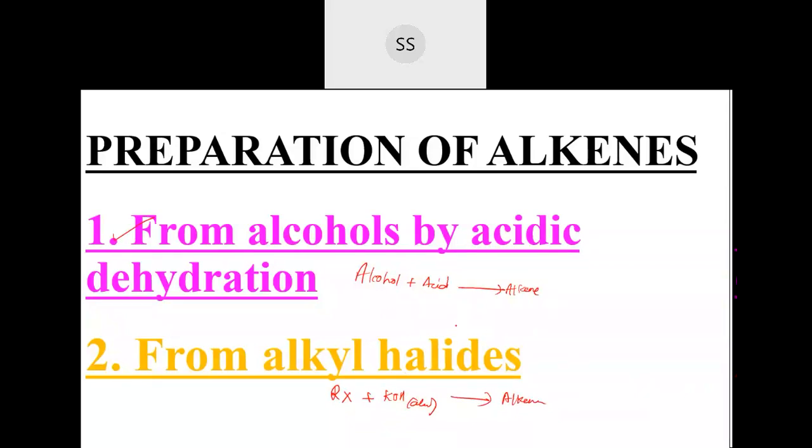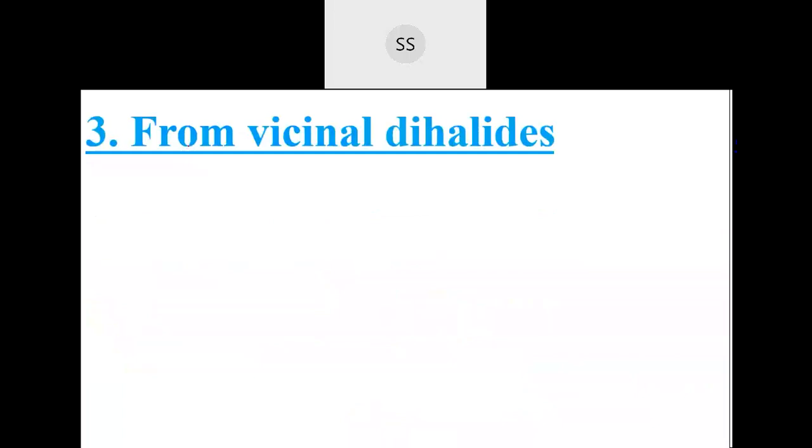Now the third one is preparation of alkene from vicinal dihalides. When you take vicinal dihalides and make them react with a highly reactive metal like zinc, it gives an alkene, but during that time there will be elimination.